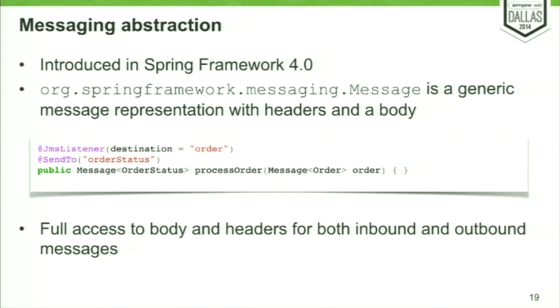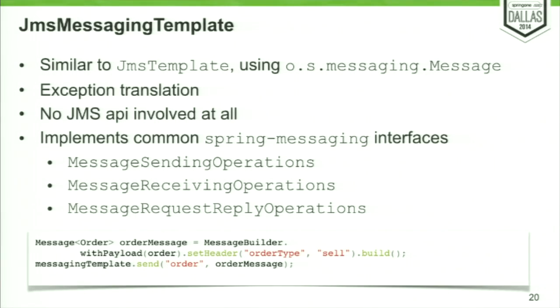All right. Last but not least, let's quickly also mention that there's a JMS messaging template, which is an interesting twist to the JMS template. This is based on org.springframework.messaging as well. It does not use JMS message types in its signatures.